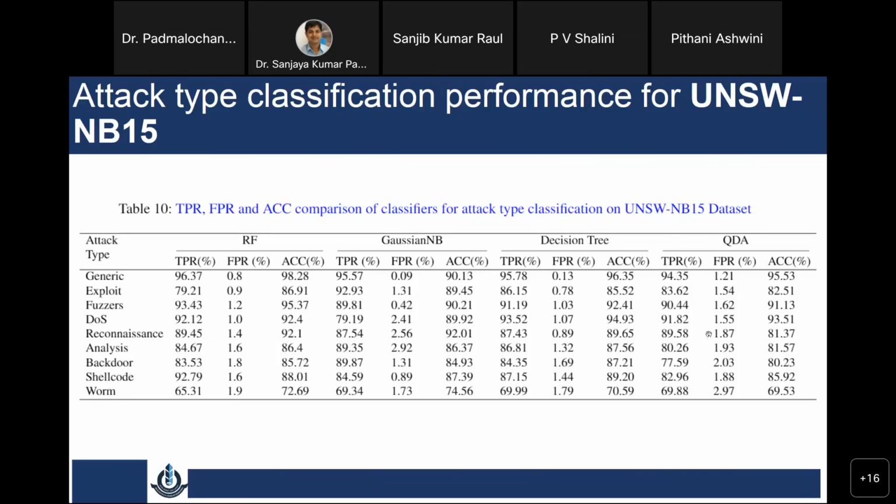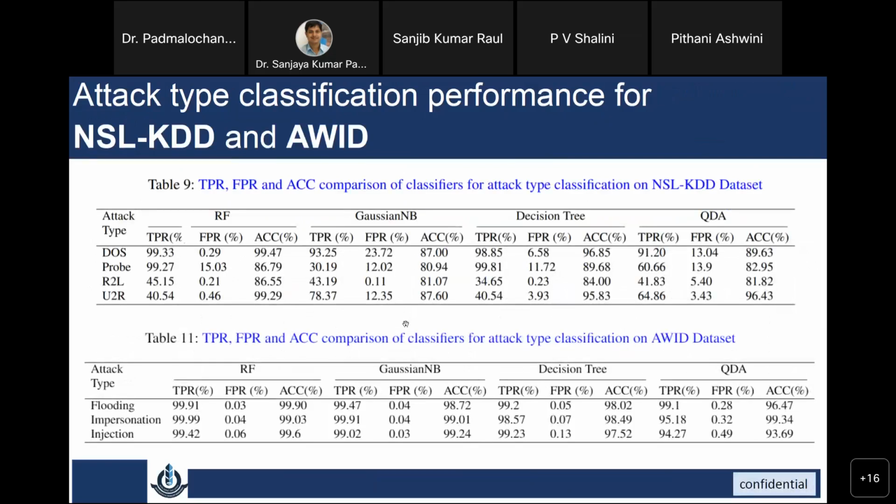This is for the NSL KDD dataset. Here you can see that DOS and probe attacks can be identified with good accuracy, and U2R also.